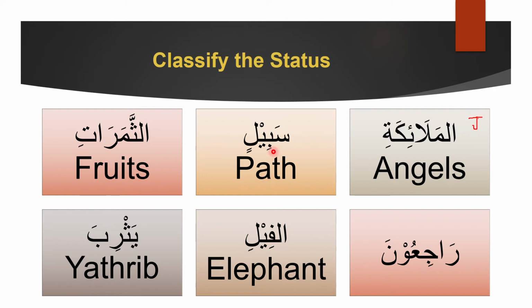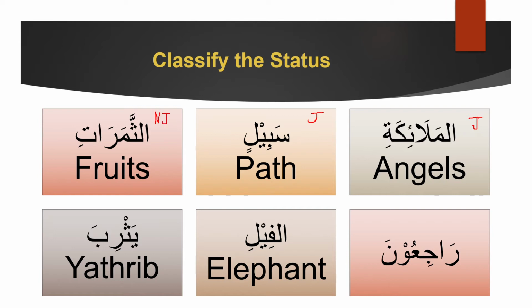Next, Sabilin. Sabilin is kasratain. Kasratain, which means it's a jar. Next, Athamarati. Ati. Atin or ati. We know that it means nasab or jar because Muslimatin is the same. Nasab or jar.